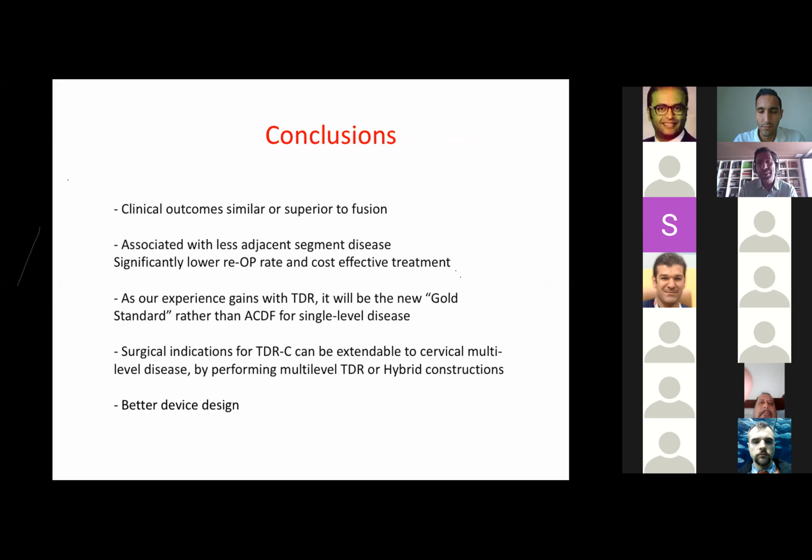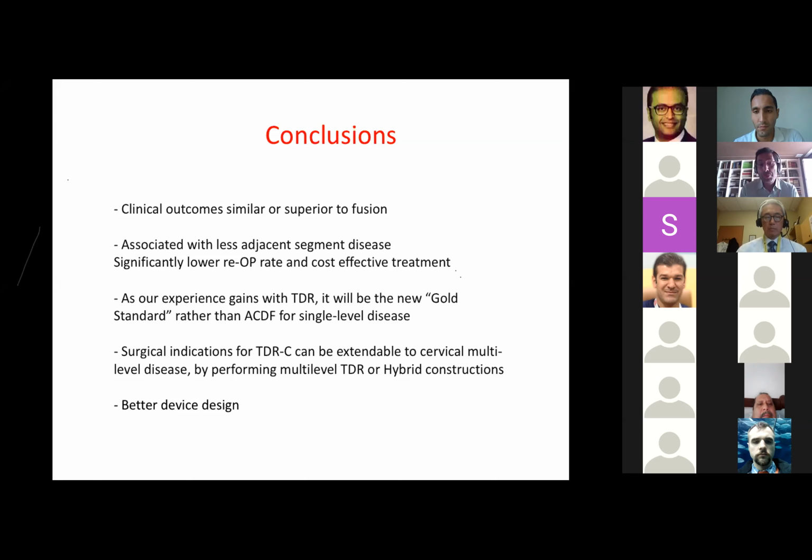What really counts at the end of the day is the need for reoperation or not of those levels. Of course, I acknowledge there can be some bias on that issue. But I think it's for the future the gold standard for pathology at the disc level. Even if you have OPLLs, only at the disc level can you offer TDR.